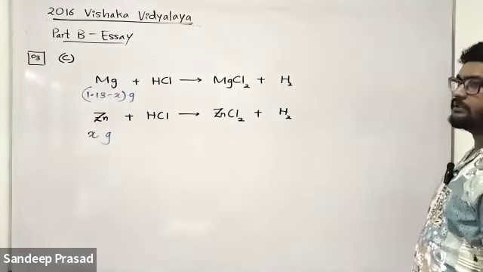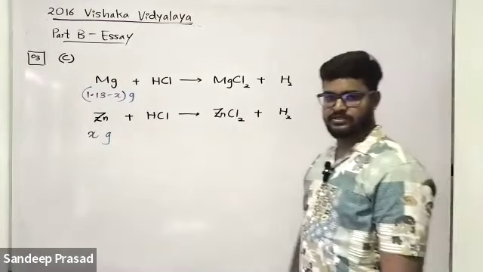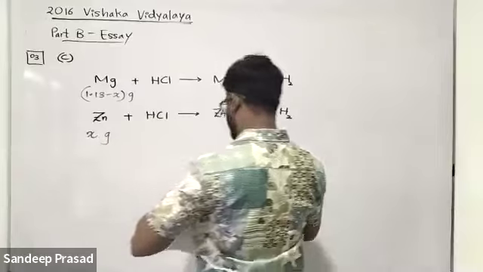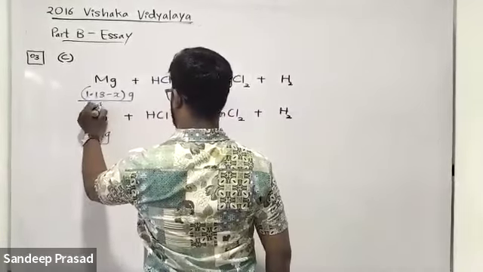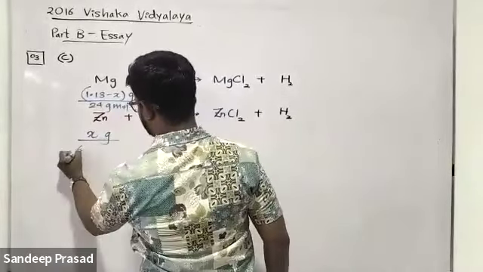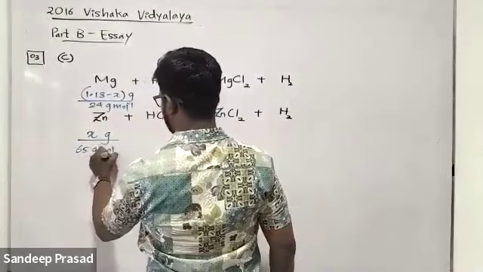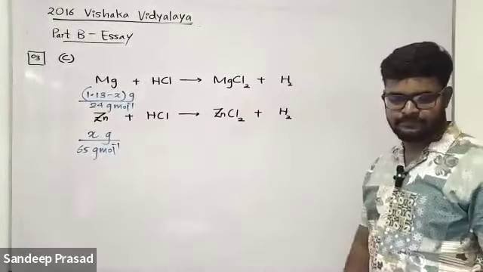Right. Then what is the magnesium moles? The magnesium moles will be, when you divide this one by its molar mass, 24 grams per mole, then you will obtain the number of moles of magnesium. When you divide the zinc mass by its molar mass, you will obtain the zinc moles.